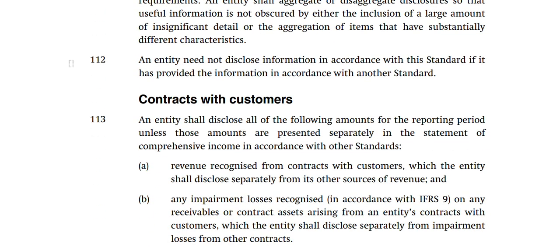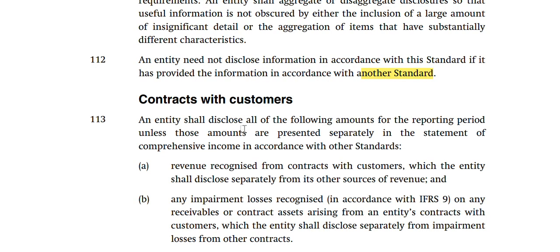And then looking at 112, an entity need not disclose information in accordance with the standard if it has provided the information in accordance with another standard. So if the other standard has the information, then that information should not be presented under revenue.